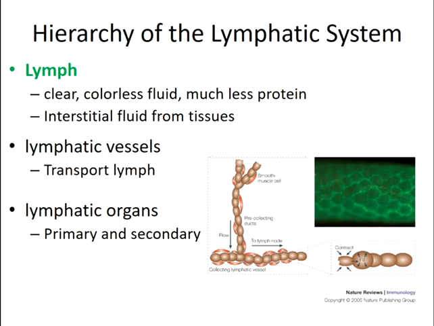All right. So the hierarchy of the lymphatic system consists of lymph, which is the fluid, the vessels, which are called lymphatic vessels, and then lymphatic organs. Lymph is a clear, colorless fluid which has much less protein. It's the same filtrate of liquid that originally came from the plasma.